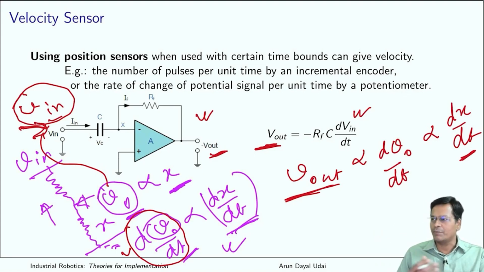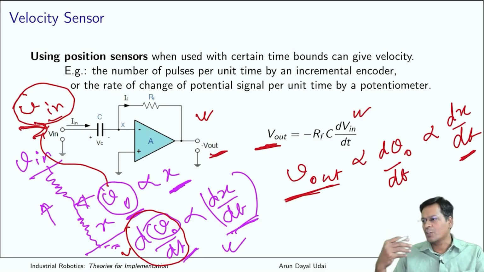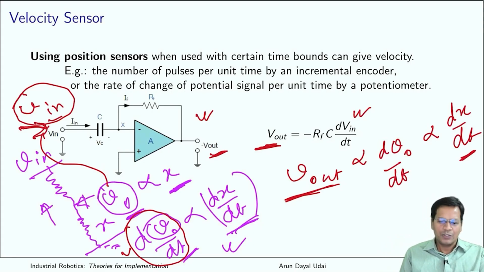But yes, potentiometers find limited application because of their sensitive nature to humidity and dust. They are prone to noise after a certain time of usage. So if I am using an optical encoder, how to go about it?